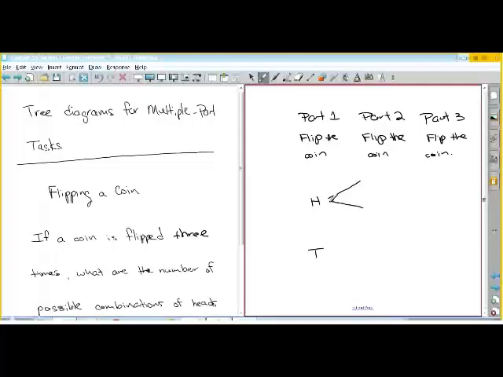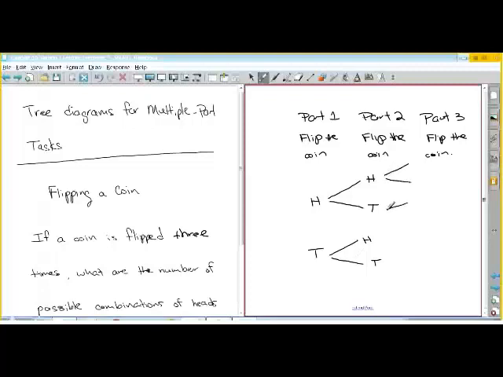So if I get a heads the first time, then I draw these 2 branches. And for the second flip, I can get a heads or tails. And if I get a tails the first time, the second time I can get a heads or tails. So I can get heads, heads, heads, tails, tails, heads, or tails, tails. So those are my 4 possibilities if I flip 2 coins.